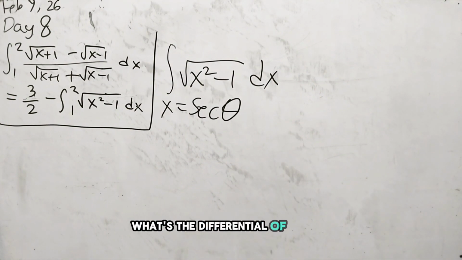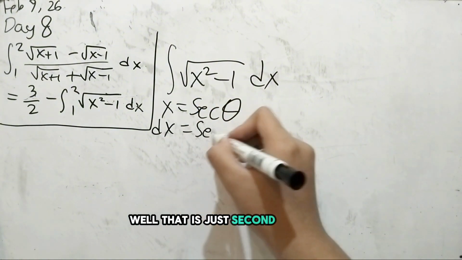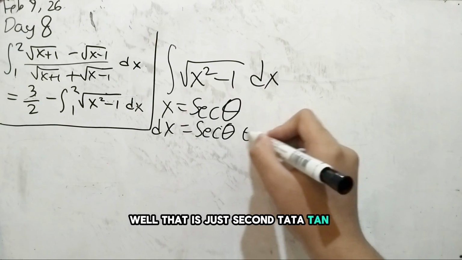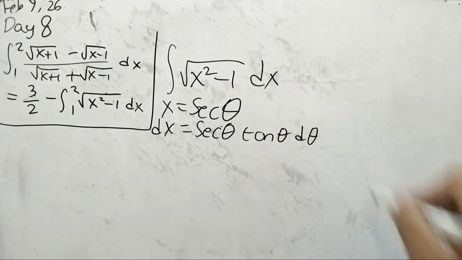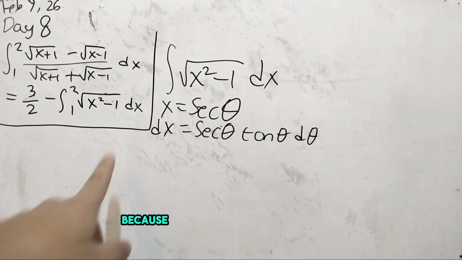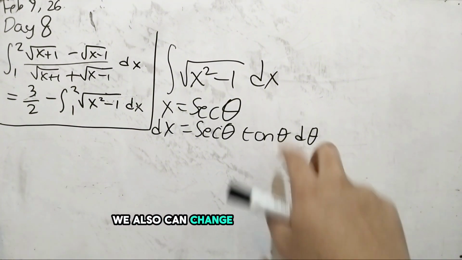And then we can take the differential of that. And what's the differential of secant? Well, that is just secant theta tangent theta d theta. Because we're taking the differential of that, we also can change everything back to that.